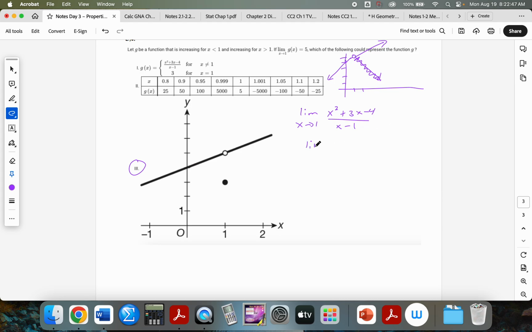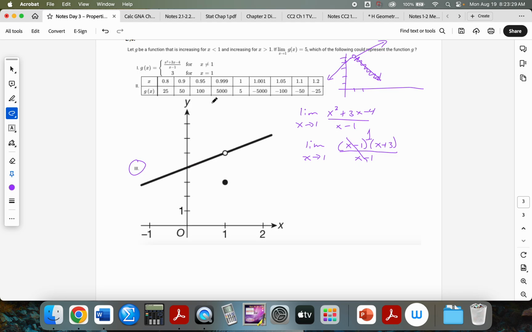That'll be equal to the limit as x approaches 1 of, let's see, this is x minus 1 times x plus 3 over x minus 1. The x minus 1's happily cancel because except at 1, this is equal to 1. As x approaches 1, this approaches, oh, it's 4. If it wasn't for that, this one would be great.